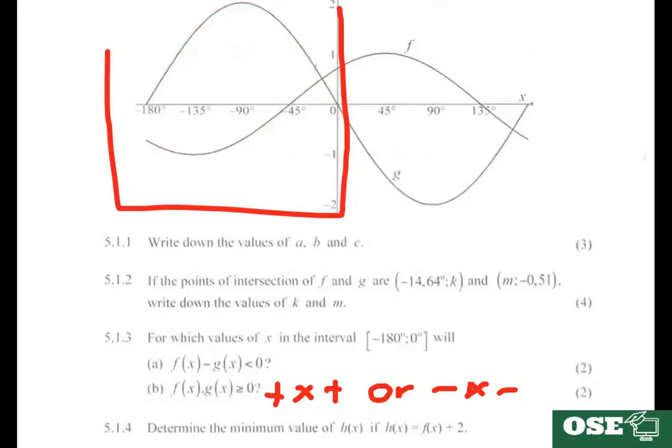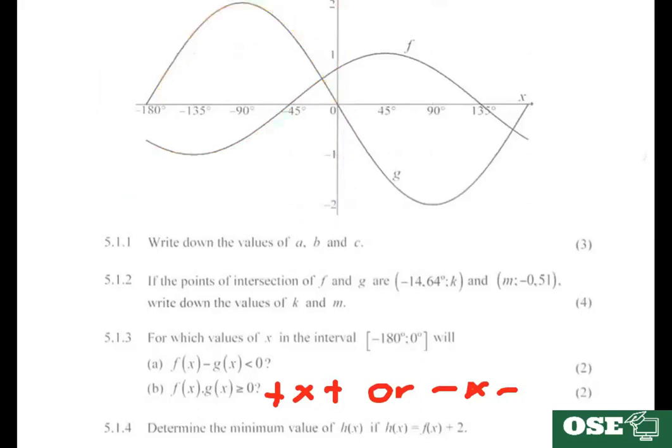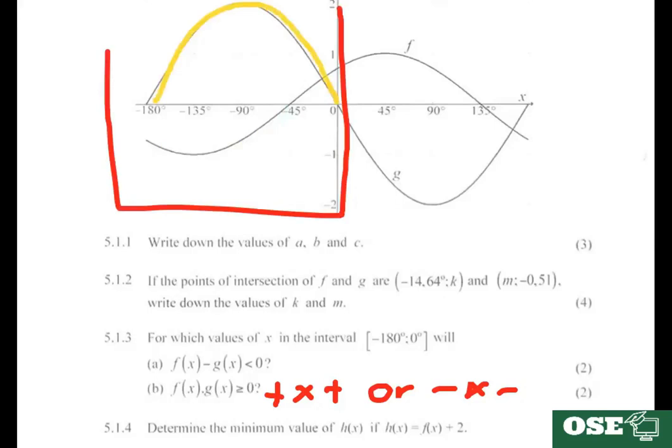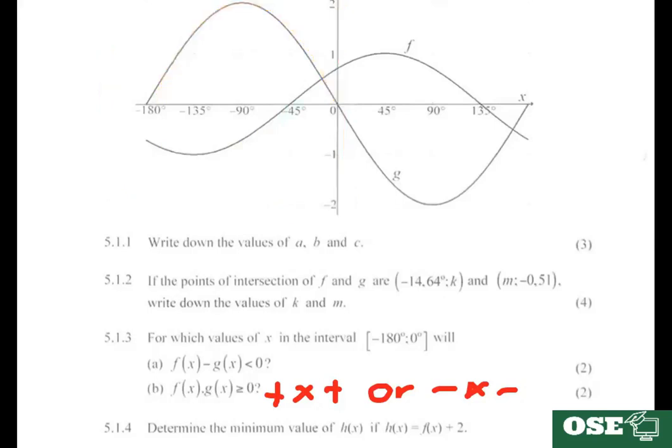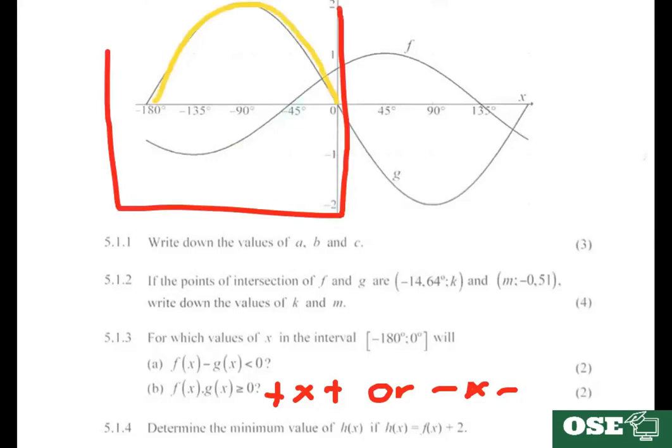At which point in the graphs do you have either two positives or two negatives for both graphs? At which point do you both have, for both graphs, a positive and a positive, or a negative and a negative? At which point in the graph?